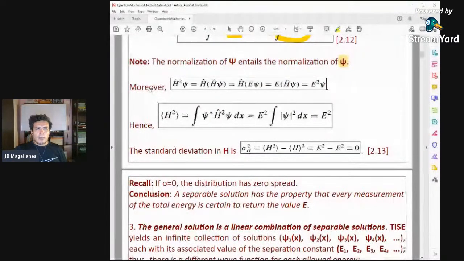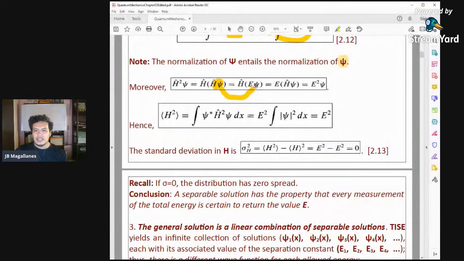So here, if you operate the Hamiltonian operator on phi in the second order, you can first operate H hat on phi, which is equal to E phi.